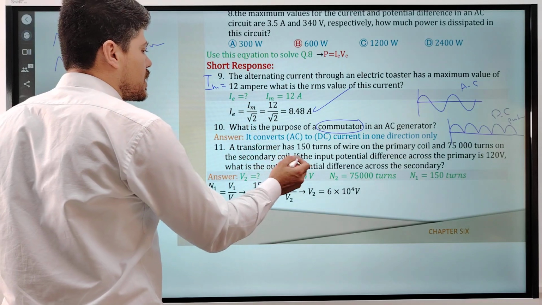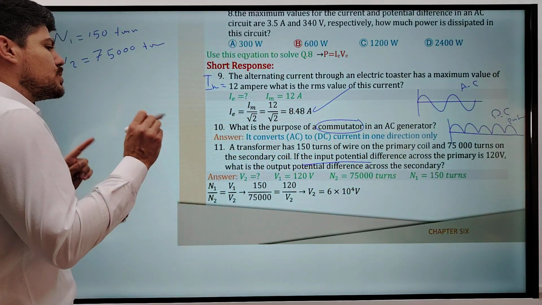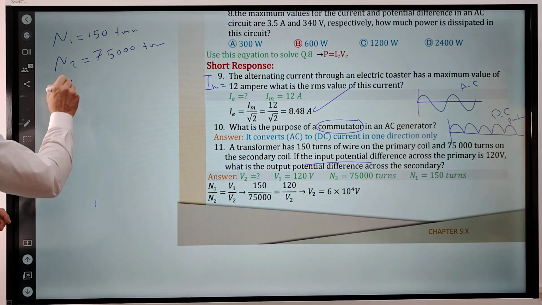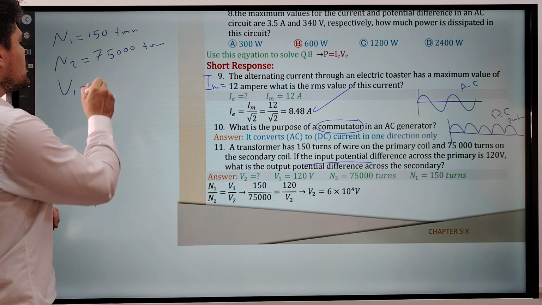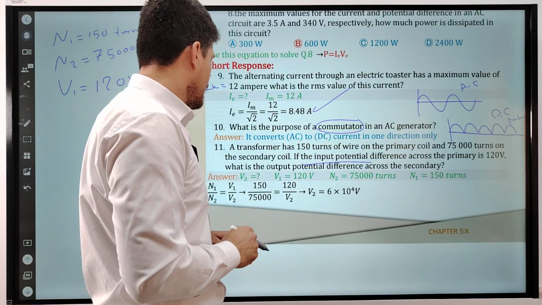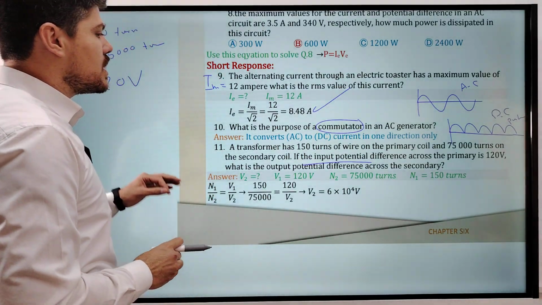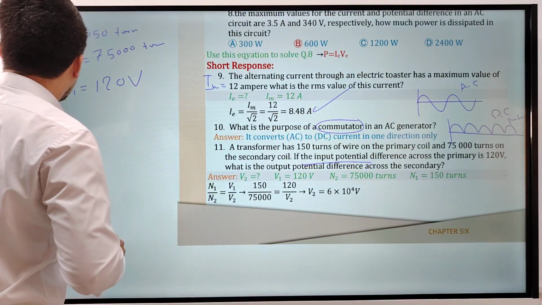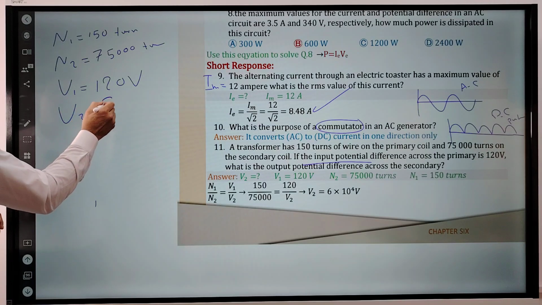If the input potential difference, V1, is equal to 120 volt, what is the output potential difference across the secondary? V2 is unknown.